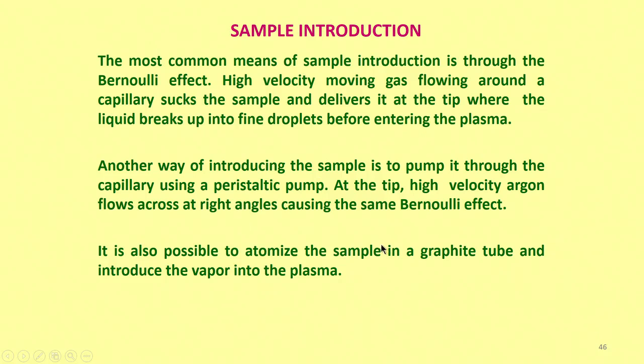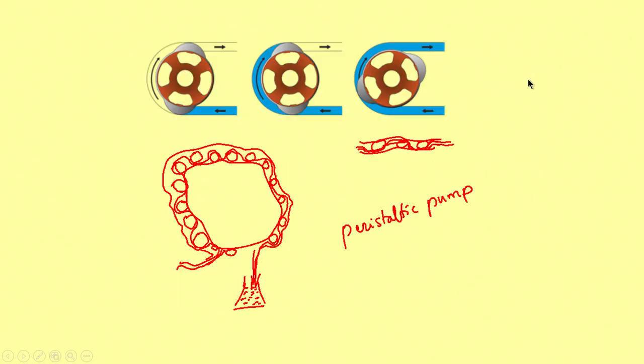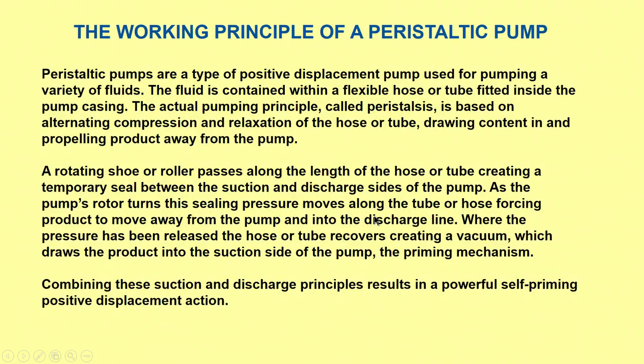It is also possible to atomize a sample in a graphite tube and introduce the vapor into the plasma. I had shown you the bottom figure here. This is how we introduce the sample through a peristaltic pump. Okay. So, peristaltic pumps.